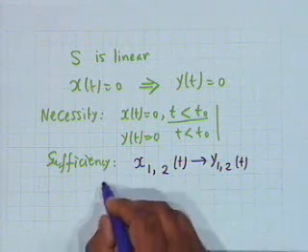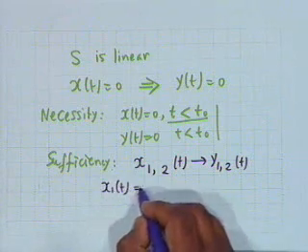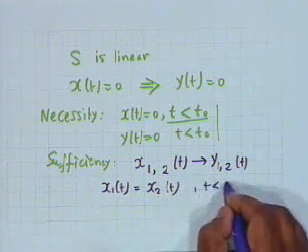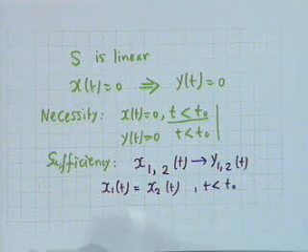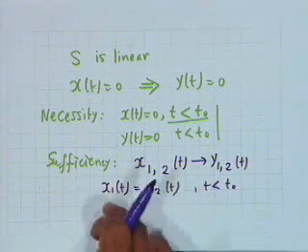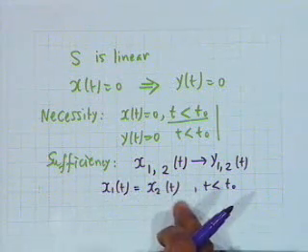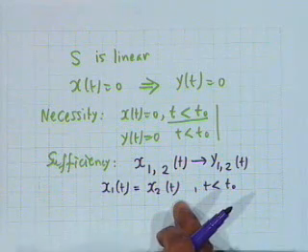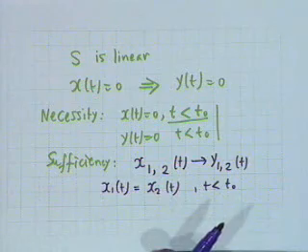And we say that x1 of t is equal to x2 of t for t less than t0. Then we know that if the system is causal, then y1 of t must be equal to y2 of t for t less than t0. This is the strict test for causality.